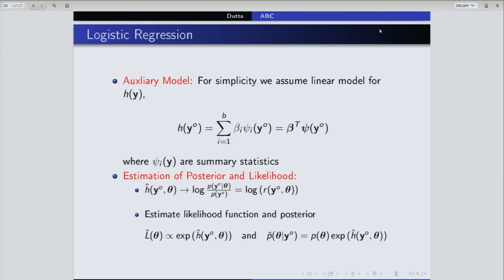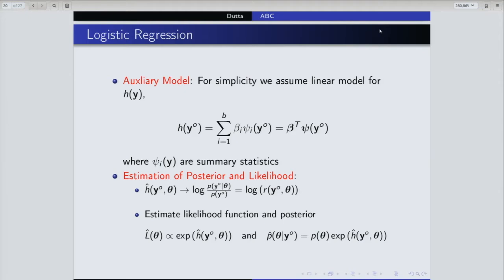Given that functional form for h, which you also learn, this is the thing you normally learn in statistics: you try to find h hat given that class. Then you can estimate easily using the math and stats you know. If you get the h hat, that gives you an estimate of the log p(y0 | theta), and then this quantity.